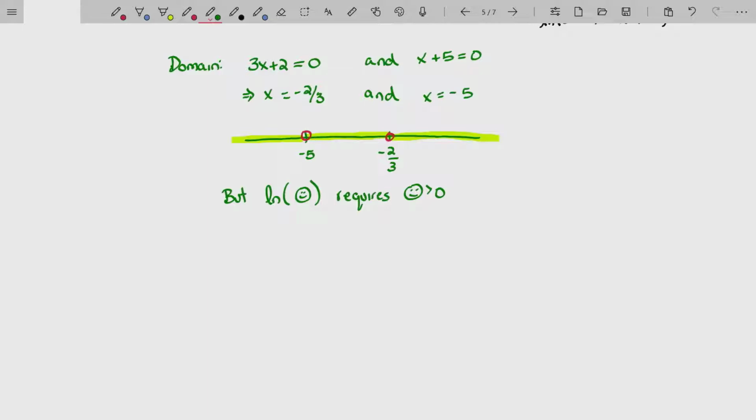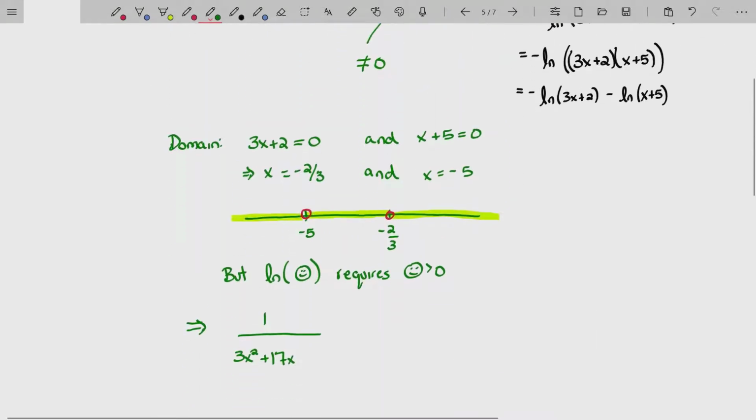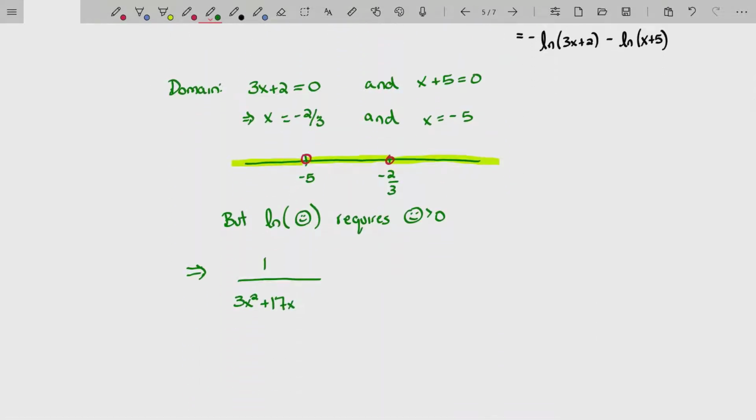All right, so this implies we require 1 over 3x squared plus 17x, what was the last piece? Plus 10? Plus 10, we require that to be positive. Another way you could talk about this is that since the numerator is already positive, you're requiring the denominator to also be positive.